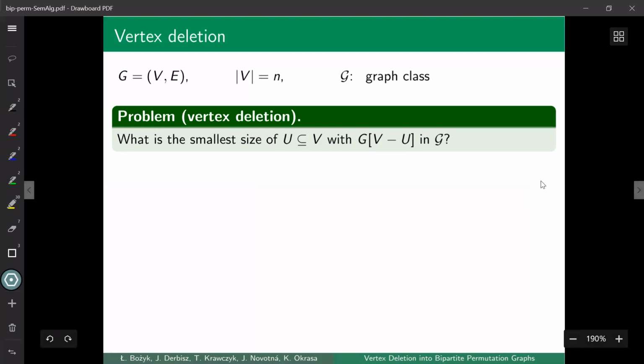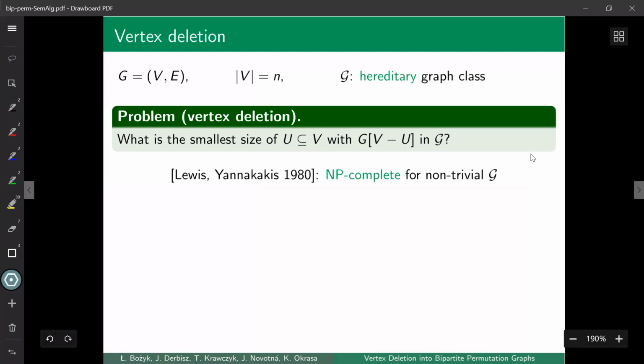And speaking of vertex deletion, it's always a good idea to consider not just a graph class, but a hereditary graph class. So a graph class which is closed under vertex deletion, so that after we fall into this class, we don't go out of it. And it turns out that for hereditary graph classes that are non-trivial, so in some sense infinite, the problem of determining the smallest size of the vertex set to be removed is NP-complete, which gives rise to restating the problem in a parameterized way.